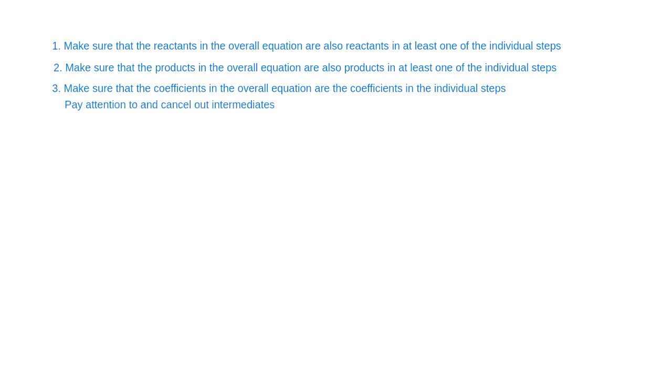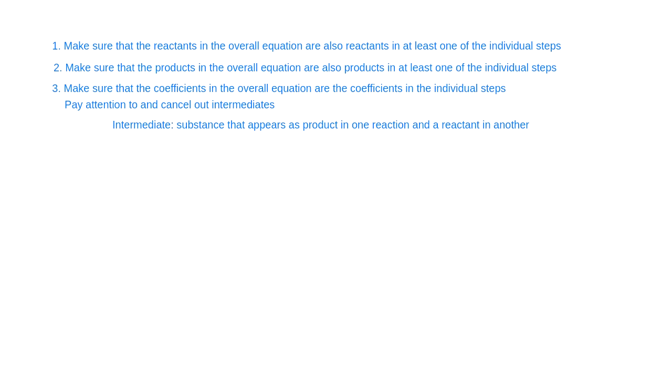Well, an intermediate is any substance that appears as a product in one reaction and a reactant in another. In other words, you know that something is an intermediate if it shows up on both sides of the arrow in different reactions.